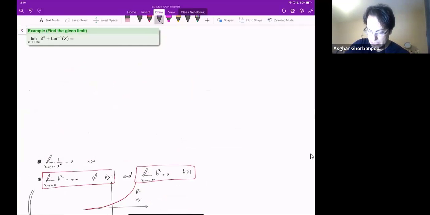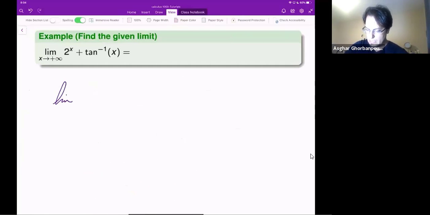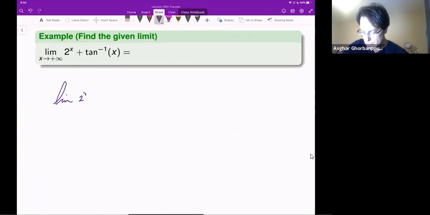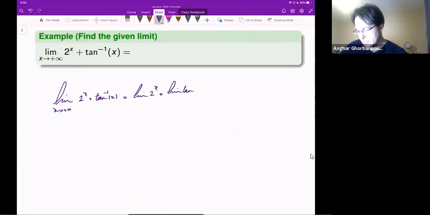So here, the limit of 2 to the power x plus tan inverse x as x goes to plus infinity. Well, I'm hoping that I will be able to find the limit of both sides and use the limit laws.